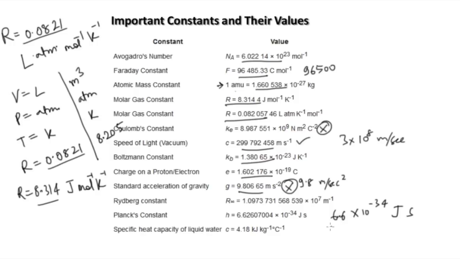The specific heat capacity of water is 4.18 kilojoule per kg per degree Celsius. These were certain important constants and their values, and unit conversions, which are important from the exam point of view.